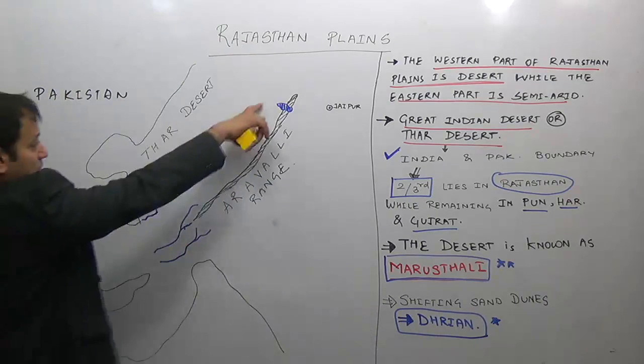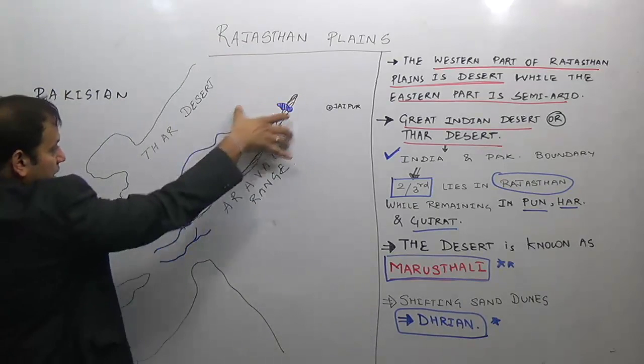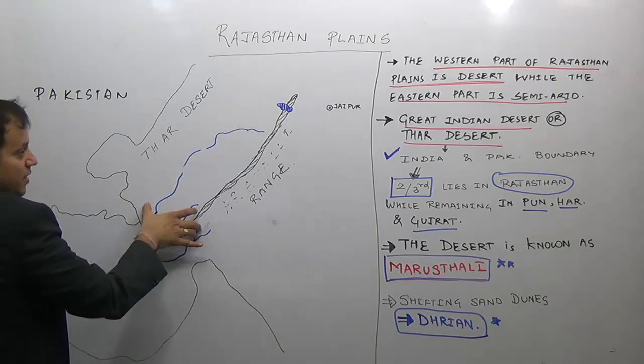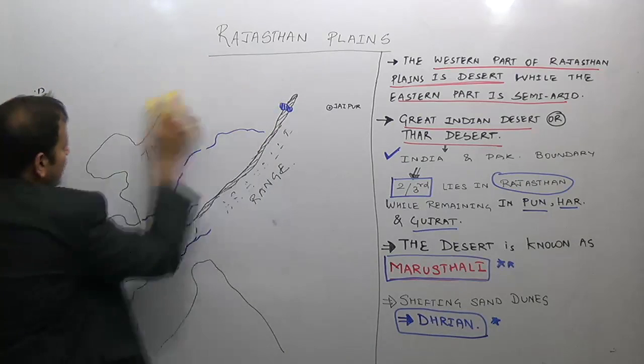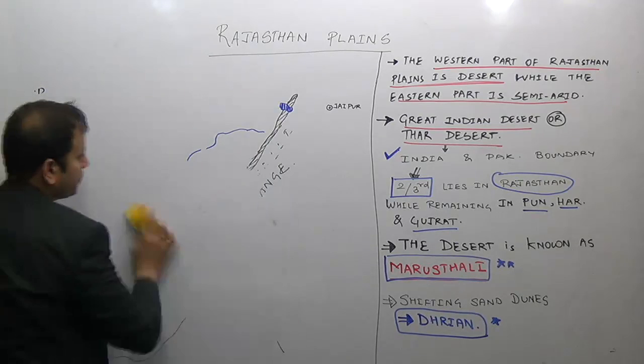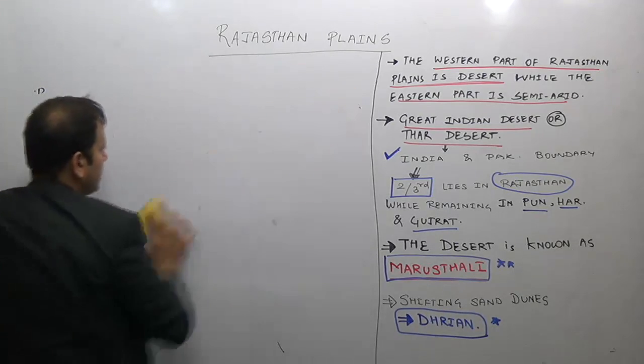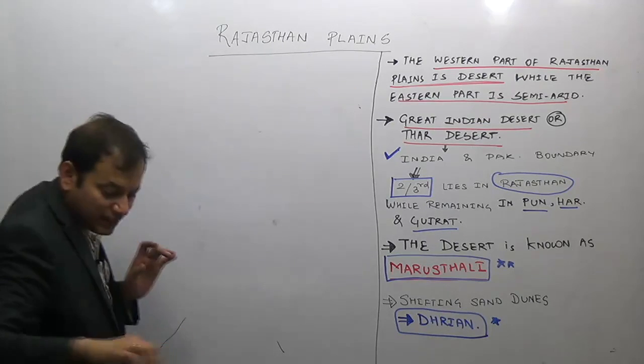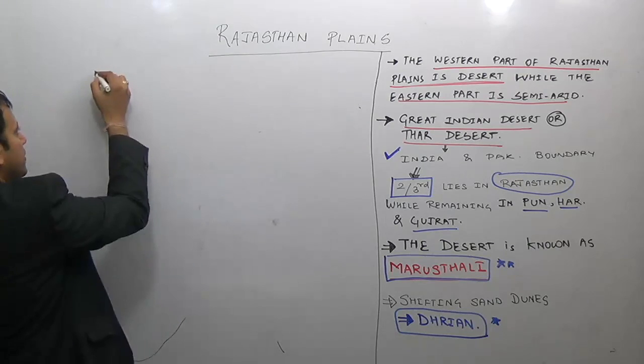Now, the eastern part of the Rajasthan plains, this part, is known as the Rajasthan Bagar region.